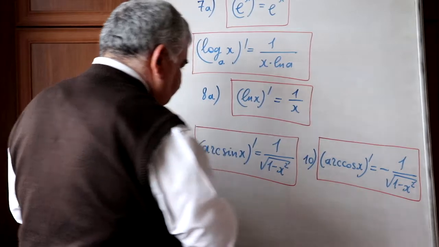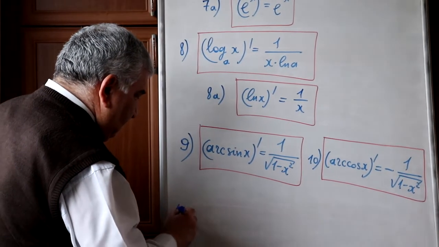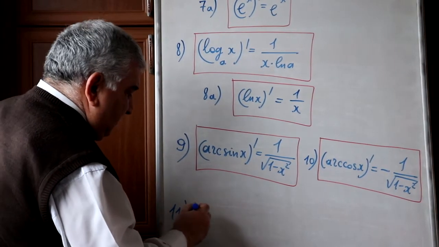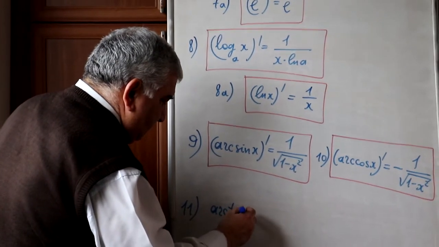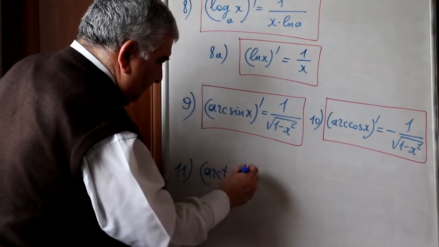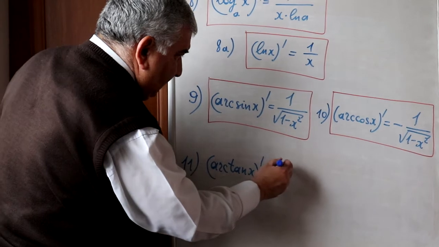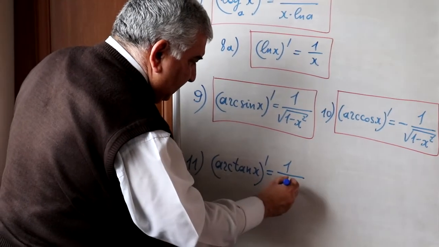Then 11th formula, arctangent x prime is 1 over 1 plus x squared.